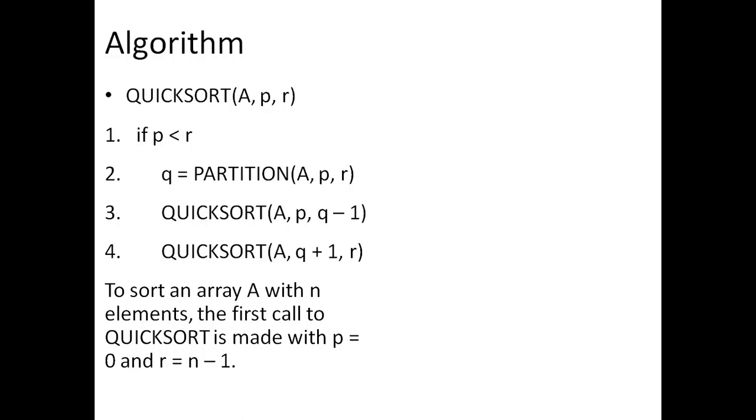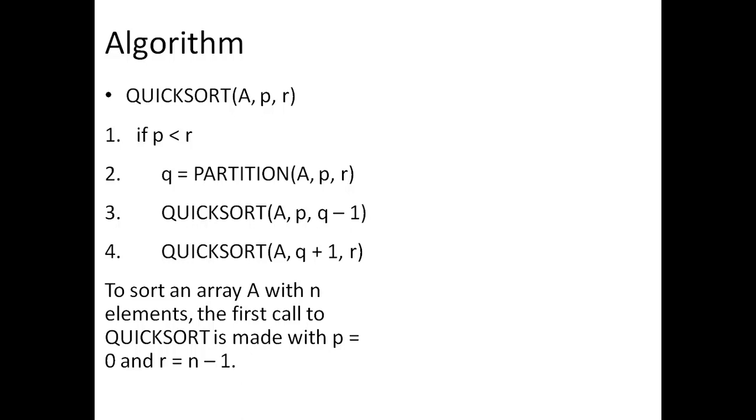Also, we have to execute the quicksort algorithm only if P, representing the initial index, is less than R, representing the end index to be considered for sorting. If the condition at line number 1, that is if P is less than R, is true, then one has to call the partition procedure, which will return the index of the element which has reached its correct position.